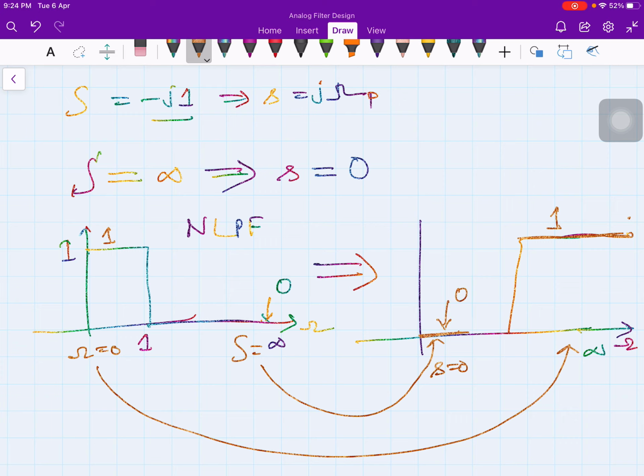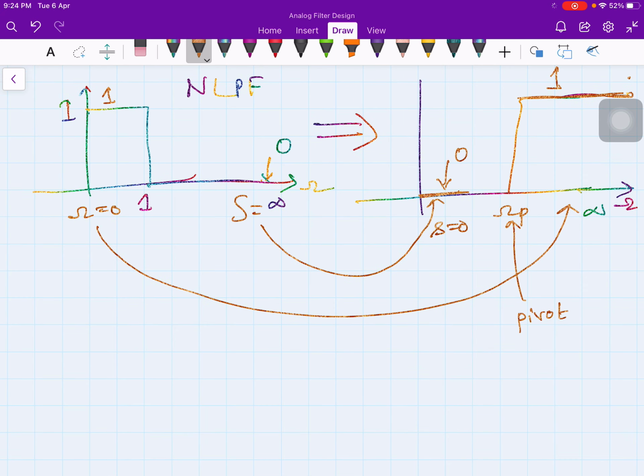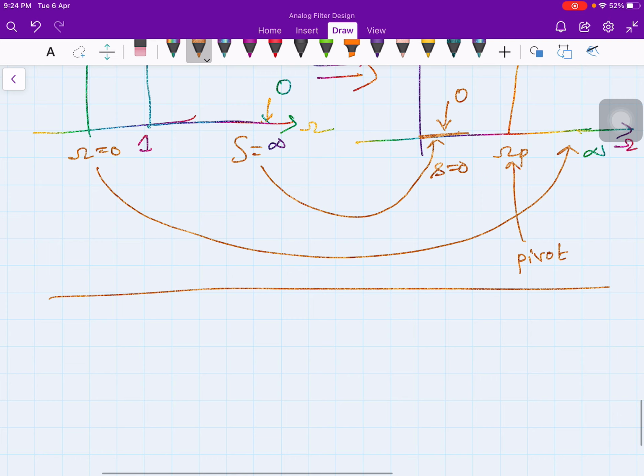See, wonderfully you have converted the normalized low pass filter into a denormalized high pass filter. Therefore we have simply flipped over. So this is omega p and this omega p is our pivot. With that pivot we have flipped over the characteristic. So that's how you transform the normalized low pass filter into a denormalized high pass filter.